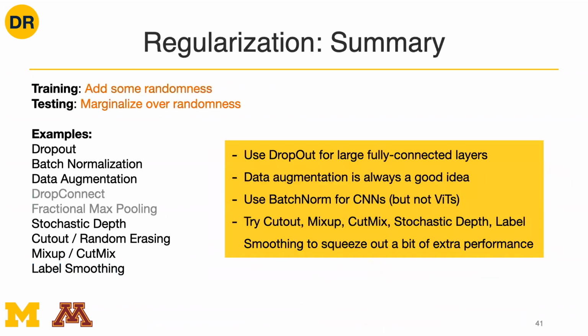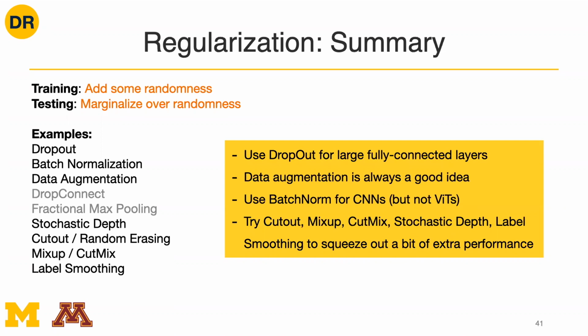So while I said there are many of these techniques out there, you should always look into L2 and batch norm. I think that's the standard set of tools to do regularization. With Dropout, you will see them mostly on the fully connected layers. Data augmentation is always a good idea irrespective of regularization.